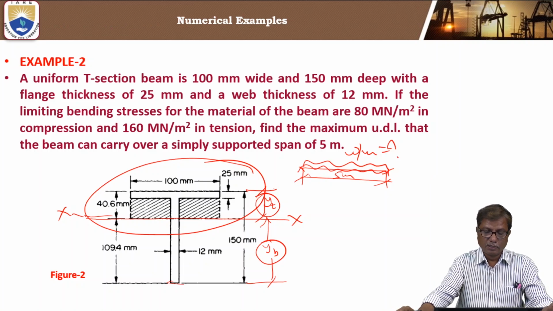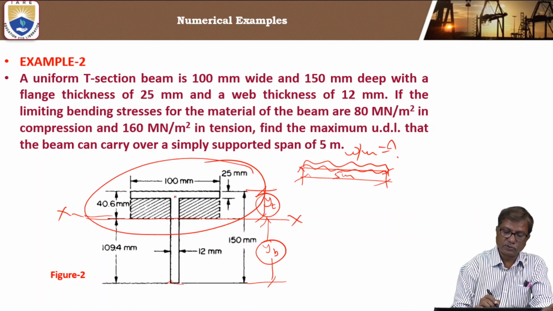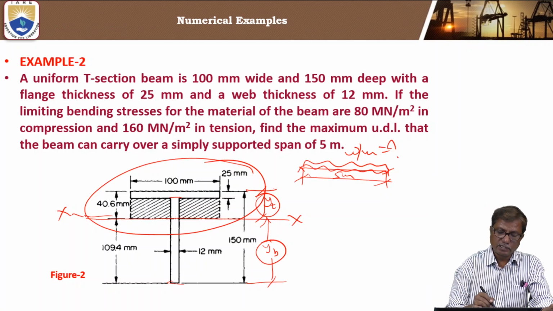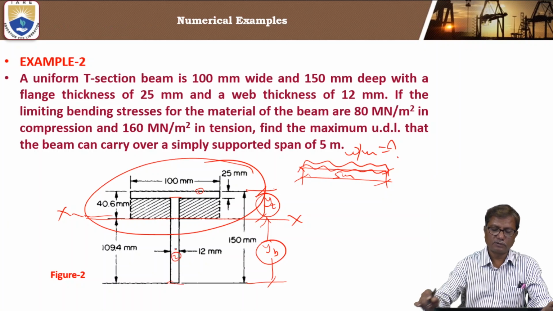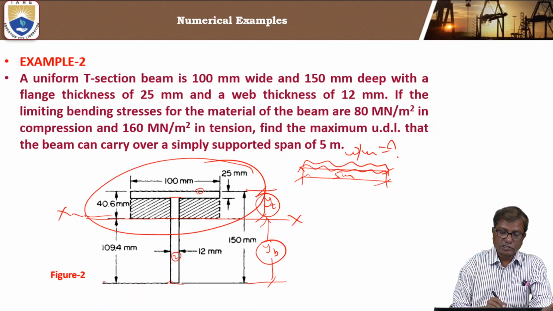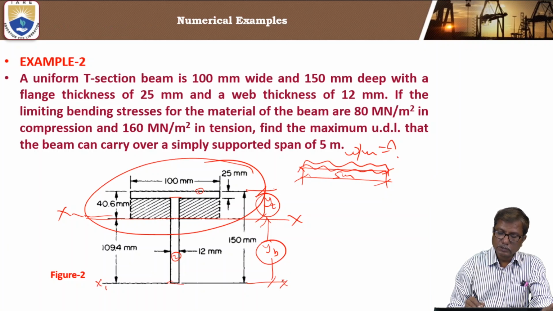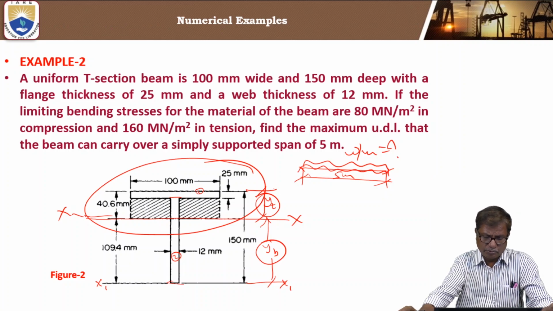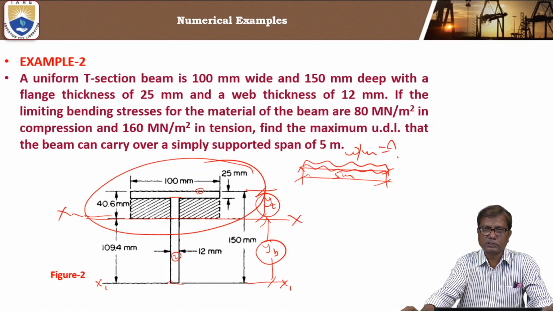And how to find? For that, first you divide this into two parts, web portion and flange portion. And now consider the axis passing through the bottommost fiber, x1.